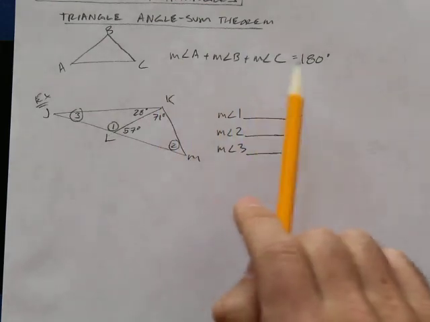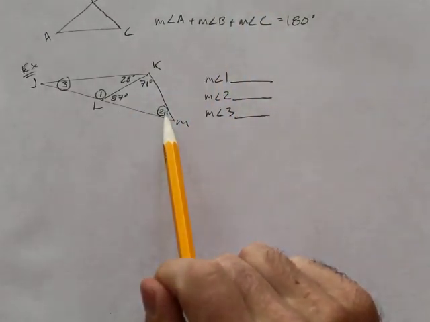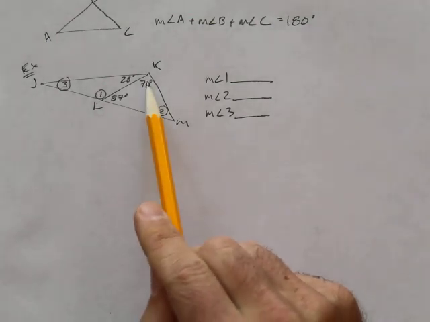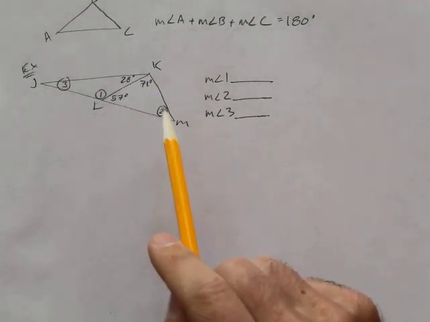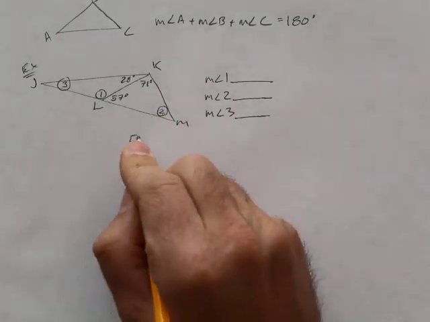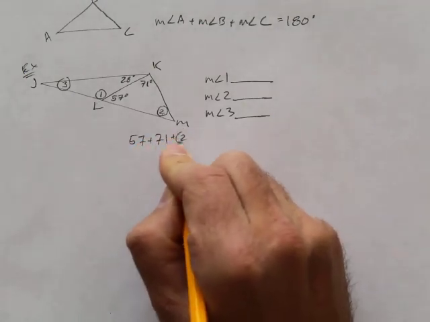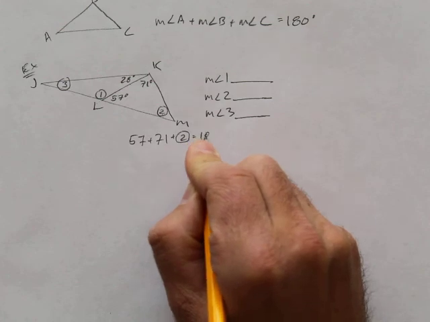Using what we just learned, let's find M first. Okay, so I know that 57 plus 71 plus this angle is going to get me 180 degrees. So I can say 57 plus 71 plus measure of angle 2 equals 180 degrees.